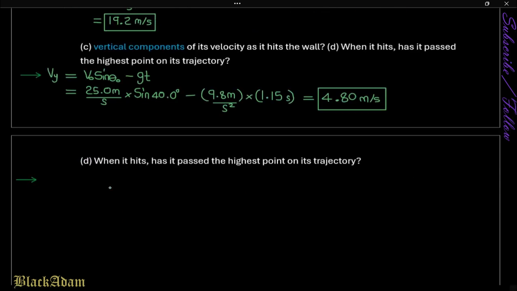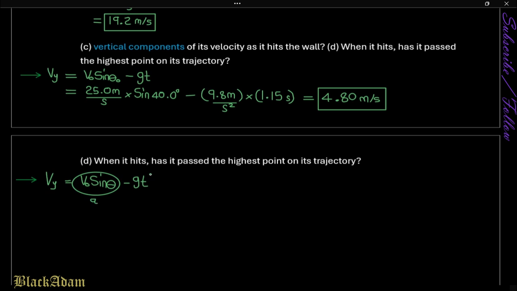Next we have D. Remember, those two parts have different signs, so they affect each other. We have initial velocity sine theta minus g multiplied by time.